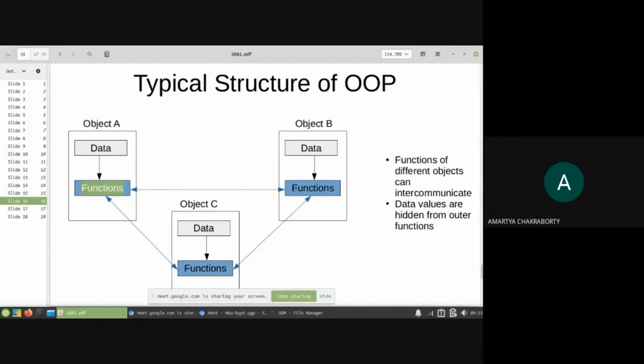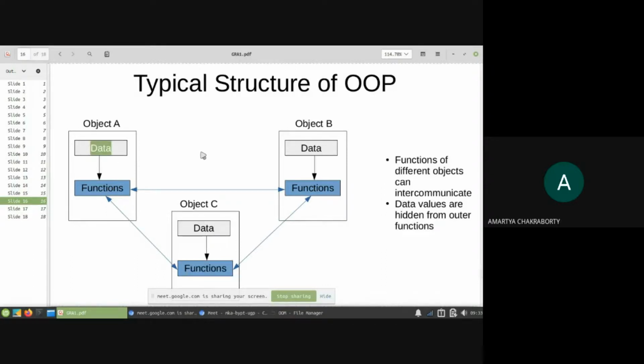So all of these functions can keep intercommunicating, but none of them can access the data value of another object, right? The function of object A cannot access the data of object B. Similarly, the function of object B cannot access the data of object C, and the function of object C cannot access the data of object A.